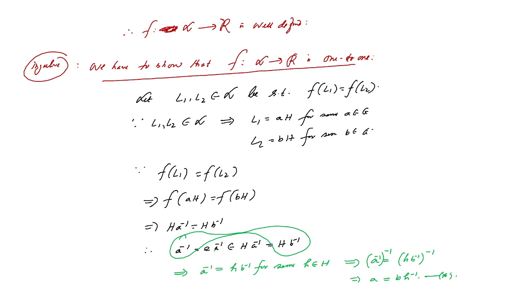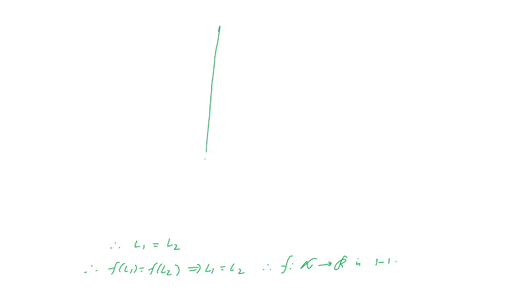Now what will we show? We will show f of L1 equals f of L2 implies L1 equals L2. So our target is to show L1 equals L2. Our target is therefore f of L1 equals f of L2 implies L1 equals L2, and hence we can say f is injective, one-one. So L1 equals L2, that means what we will show?